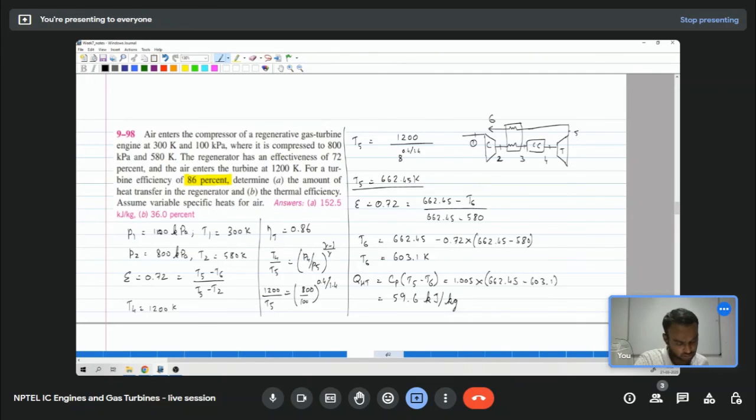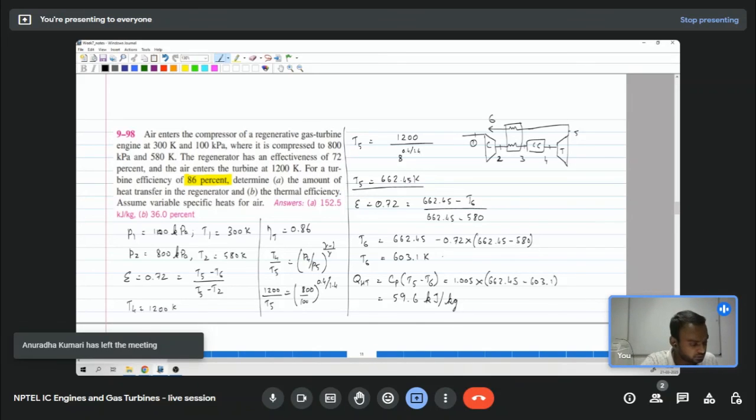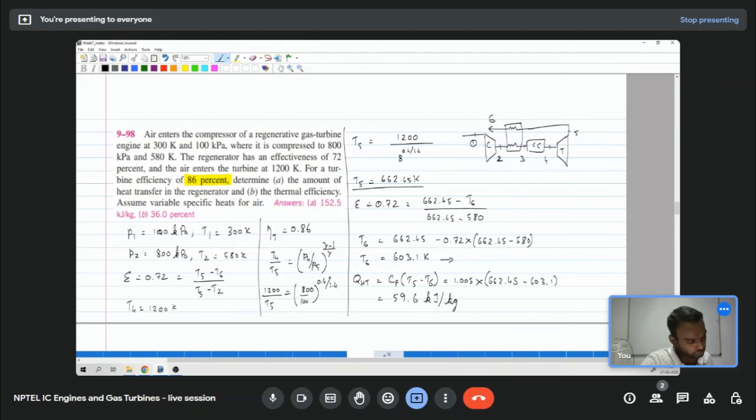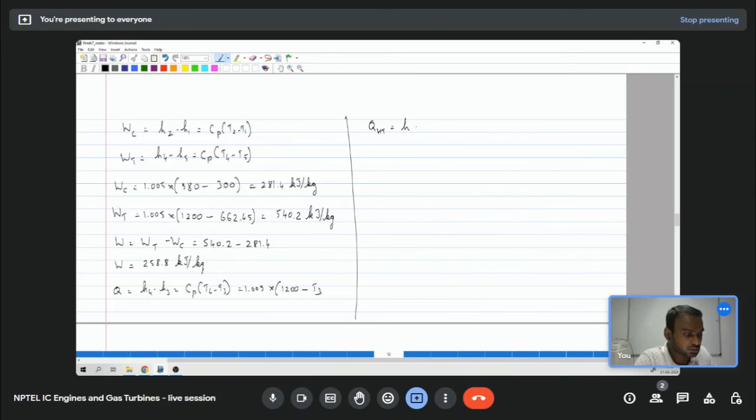T3 is not yet computed, so from T6 we will be able to calculate T3. Heat transfer is H5 minus H6 on one side, and H3 minus H2 on the other side.